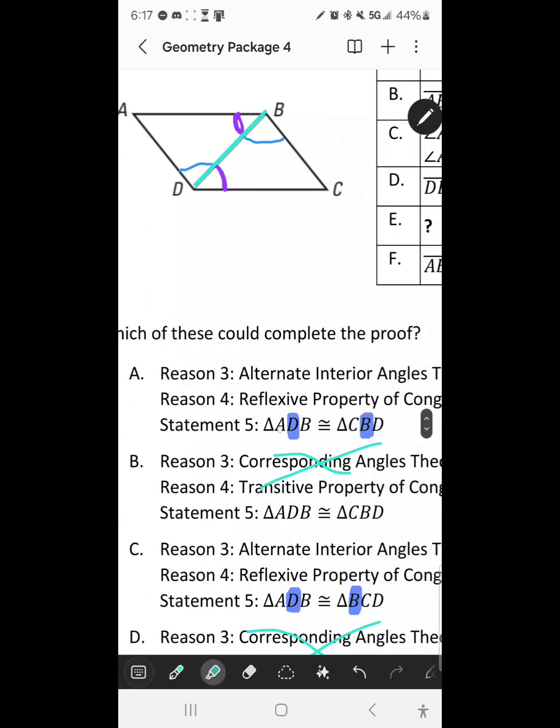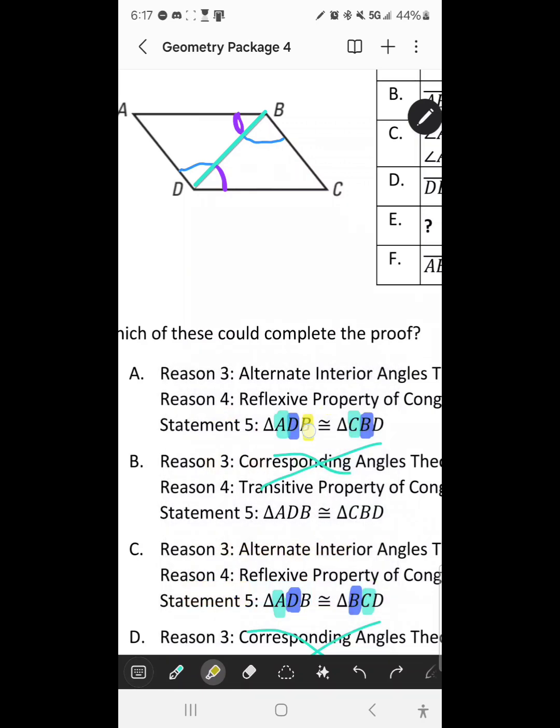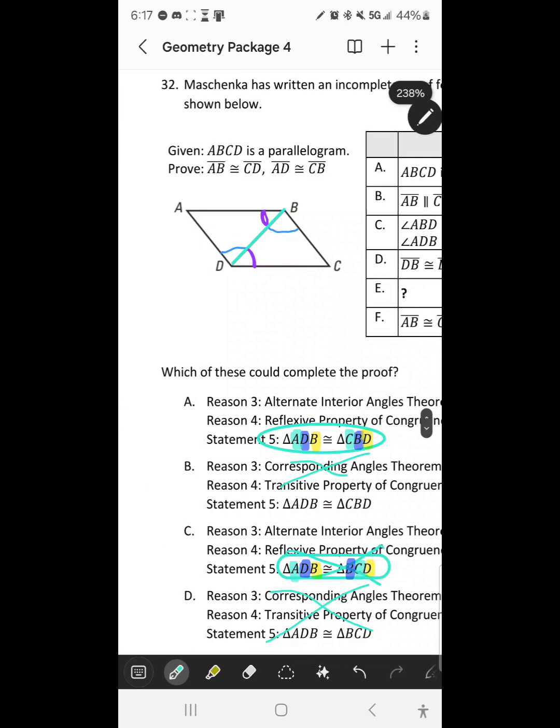I'm going to make sure that A goes with C. So A goes with C, and then B goes with D. As you can see here, they are not in the correct order. I put in the color so you can see better. And here they are in the same order. But this one is wrong. That's not what we need. And our answer is A.